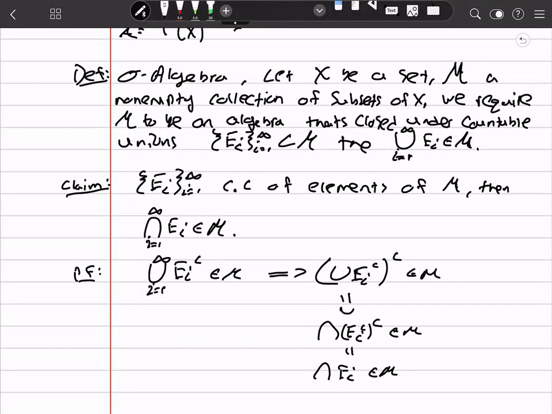Sigma algebras are closed under countable unions, they're closed under countable intersections, and they're closed under complements.